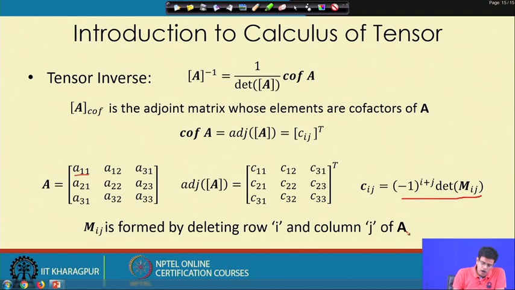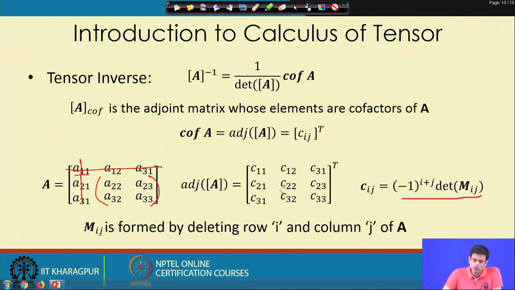For instance, M11 is this portion, so the determinant of M11 is A22 A33 minus A23 into A32. So, C11 is minus 1 to the power 1 plus 1, that is minus 1 to the power 2, that is 1, times A22 A33 minus A23 into A32. Like this we can find C11 and the other quantities. This is very well known from matrix algebra.